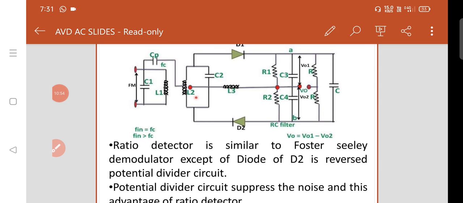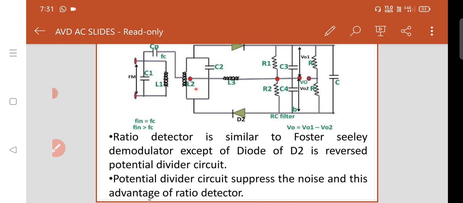The ratio detector is an improvement over the Foster-Seeley discriminator. This is widely used for effective noiseless detection, as it does not respond to amplitude variations.